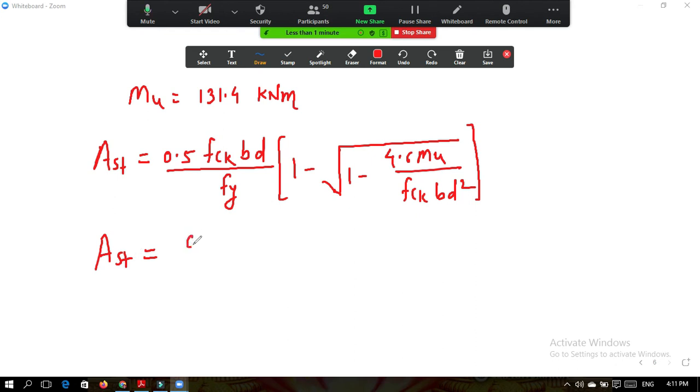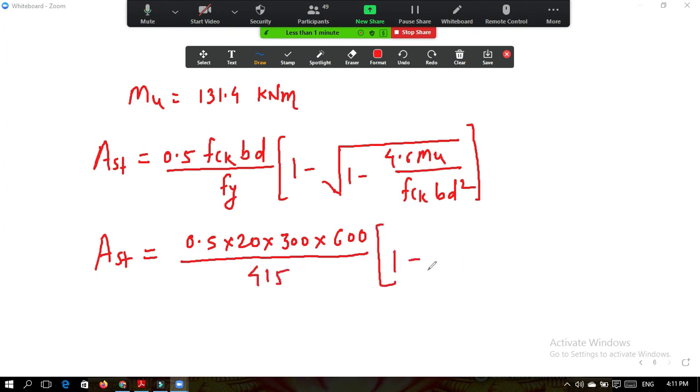So put the values: 0.5 FCK BD divided by Fy, under root 1 minus 4.6 into... This is for bottom steel, we are calculating for the positive moment.